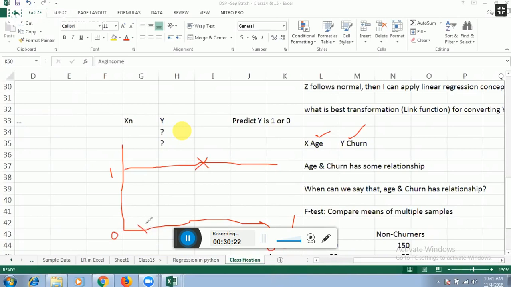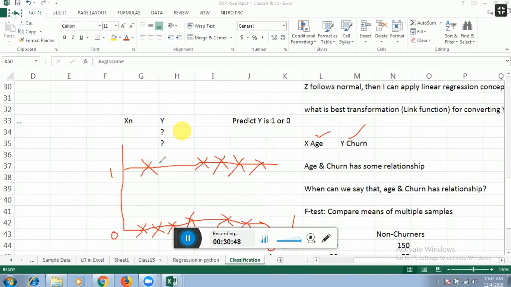So at lower age, you will not have so many churners. There, most of them are zeros. And at higher age, most of them are 1s. So that means some low age also you will have, some high age also you will have zeros.